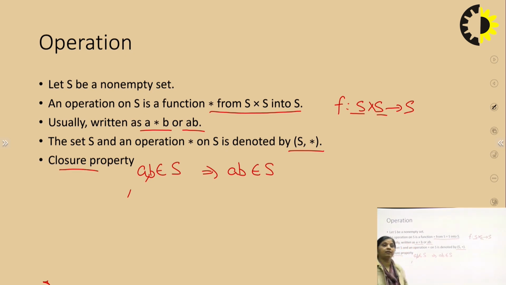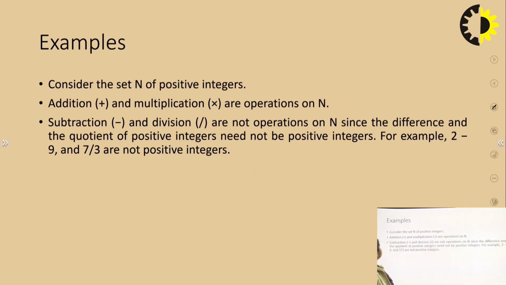So in short, if the closure property is true for an operation on a set S, then it is an operation. And here we are taking two operands, so that is our binary operation. Let us make the concept clear with a few examples.